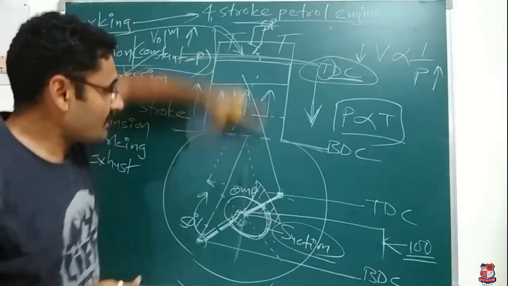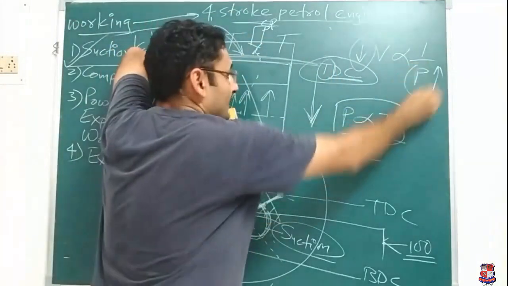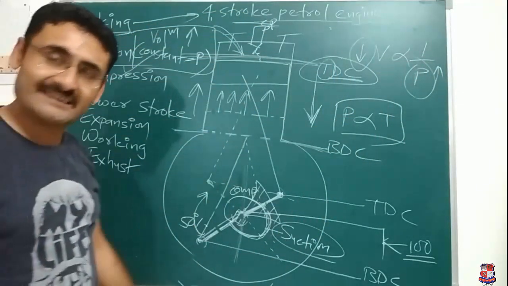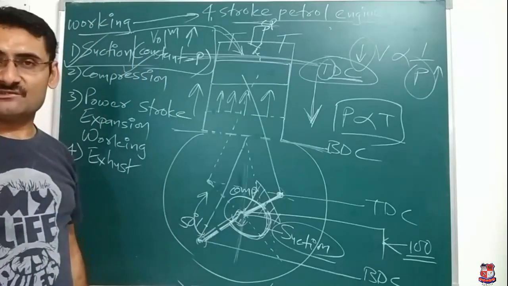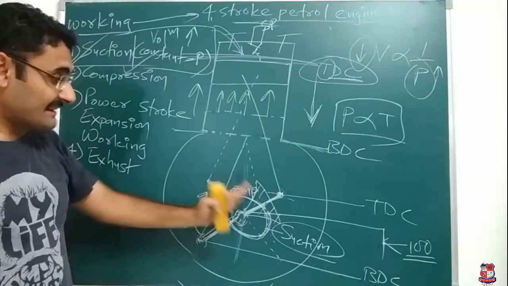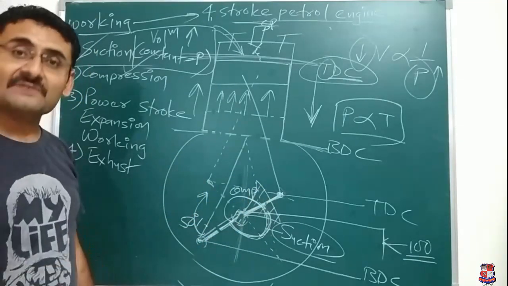Same way over here, the volume is decreased, so what happens? Pressure is increased, and if pressure is increased, it is a compression process. So that is why it is known as the compression stroke. Clear up till now? That means the crank has completed how many rotations? Only one rotation. And how many rotations are required?